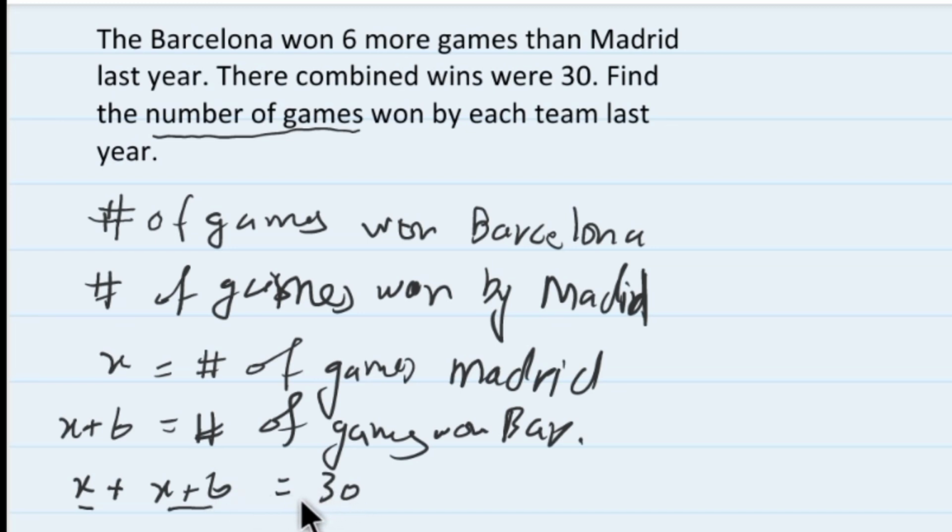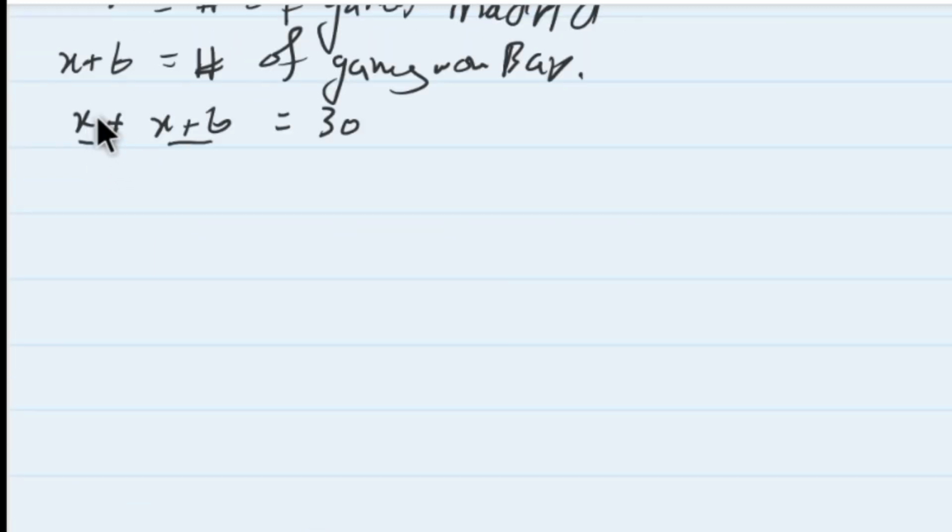The next step is to solve this equation. We will combine the like terms on one side of the equation and simplify them. x plus x would be 2x, plus 6 is equal to 30. Since we have to isolate x on one side of the equation, we will move this constant value to the right hand side.